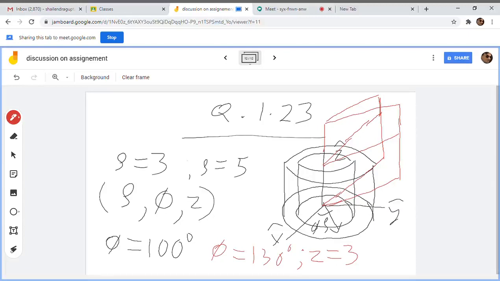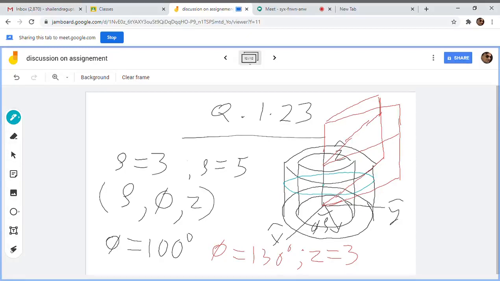So it will become a disk. So you are taking a disk at some z is equal to 3. So let me take a different ink. So at some z, let us say this z, we have to take the whole disk.